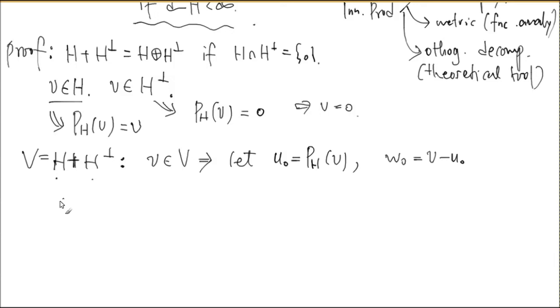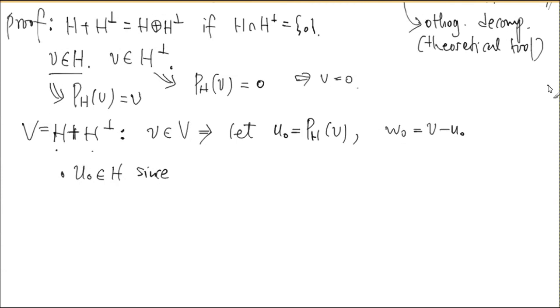First you have to show that U0 is in H. Since U0 is the image of V under the projection map, does that make sense? If you project something, you land in H, obviously.